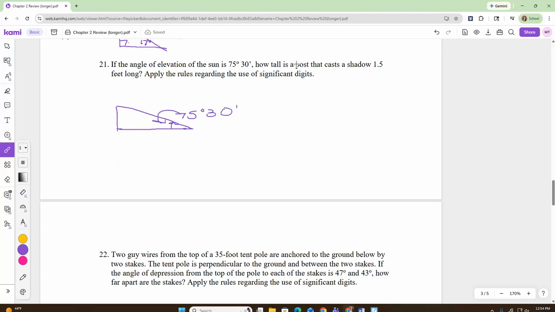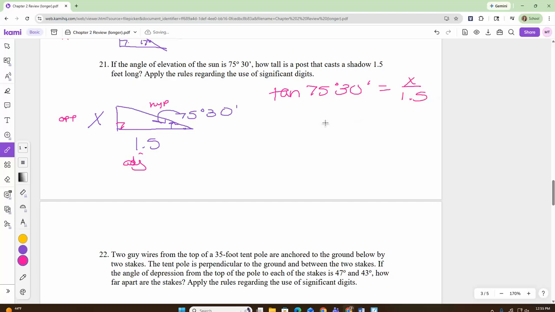We want to know how tall the post is. Which side is my post? Where does the shadow go? All right, so from here, this would be my right angle. That means this is the hypotenuse. From this angle, this is opposite. 1.5 would be adjacent. What trig function involves opposite and adjacent? So the tangent, 75 degrees, 30 minutes, equals x over 1.5.